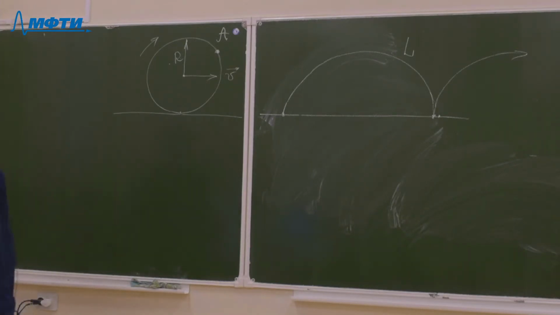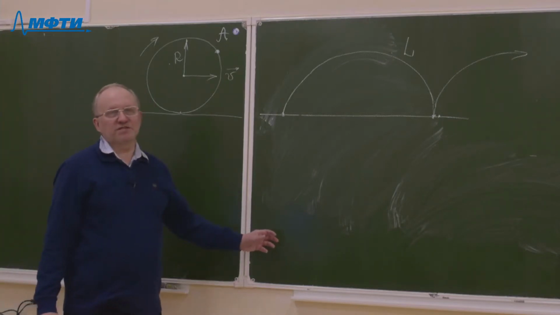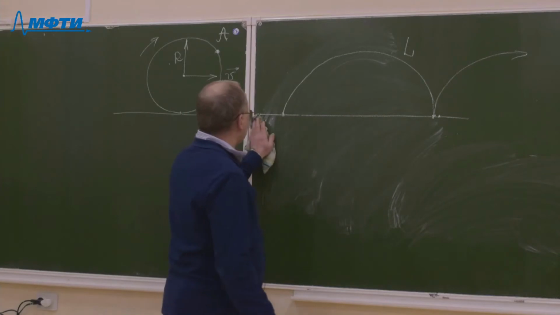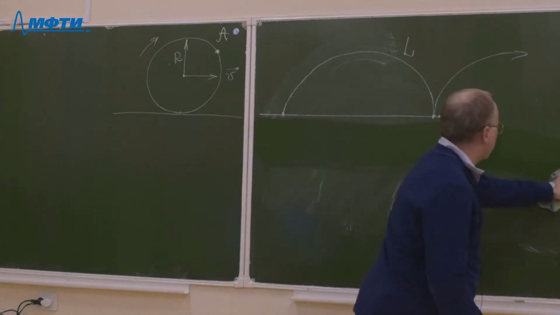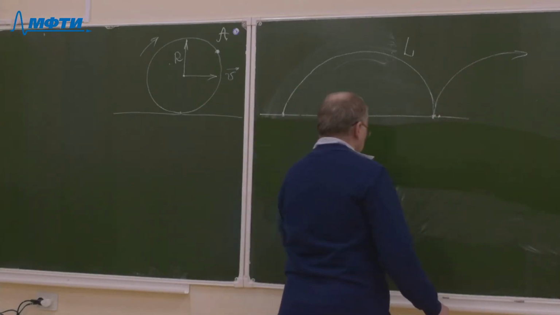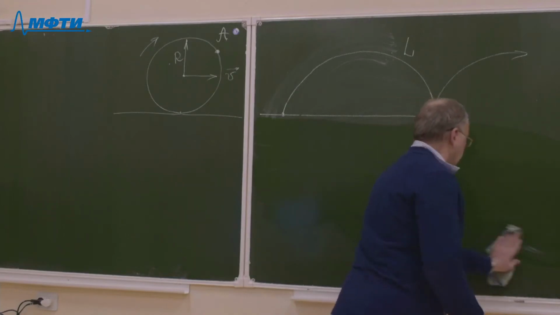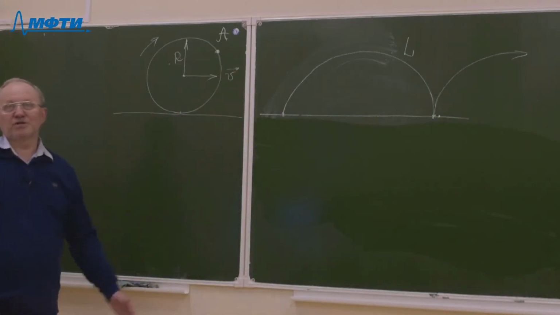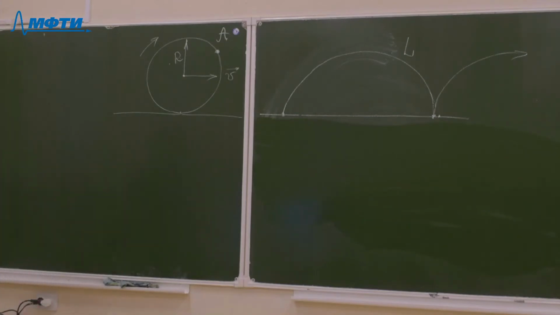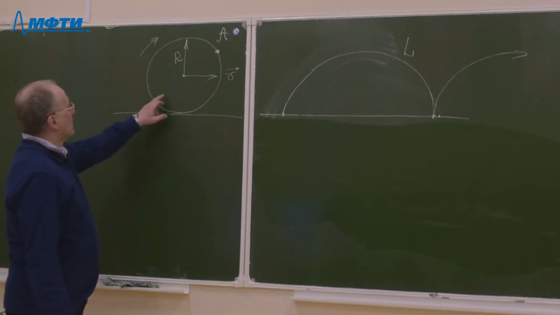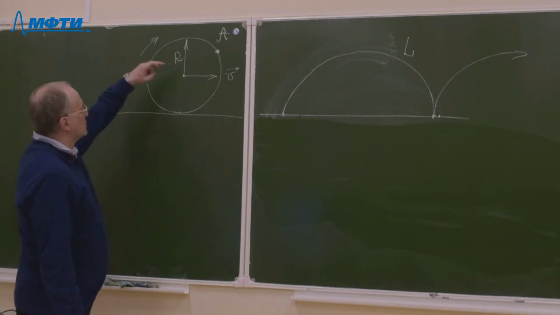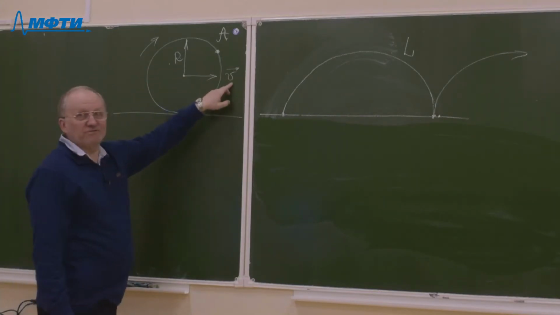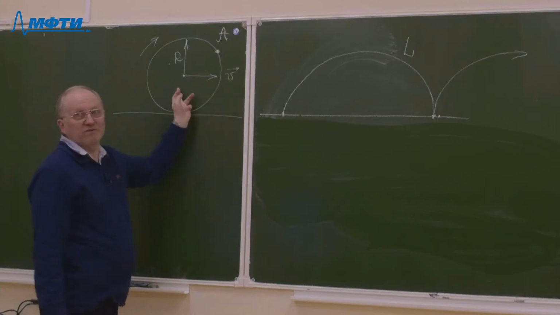Why did I start with the Galilean transformations? Because in this particular problem, Galilean transformations allow one to solve this problem, to find the answer to the first question very quickly. Let's go to the reference system which moves with the velocity v together with this wheel.